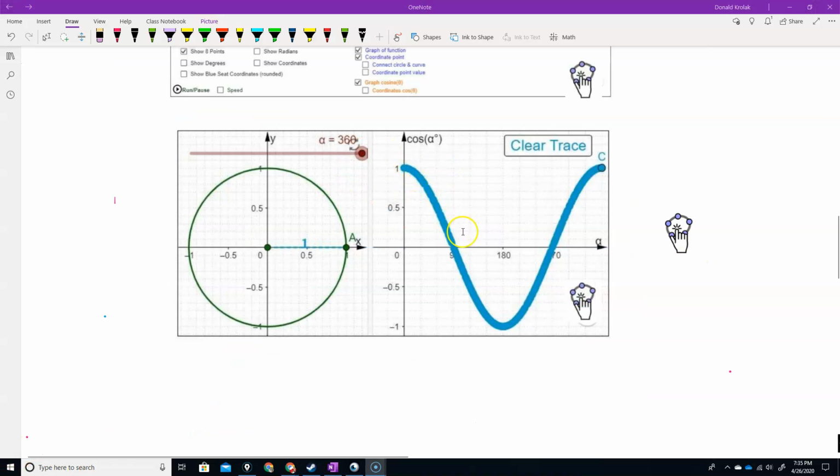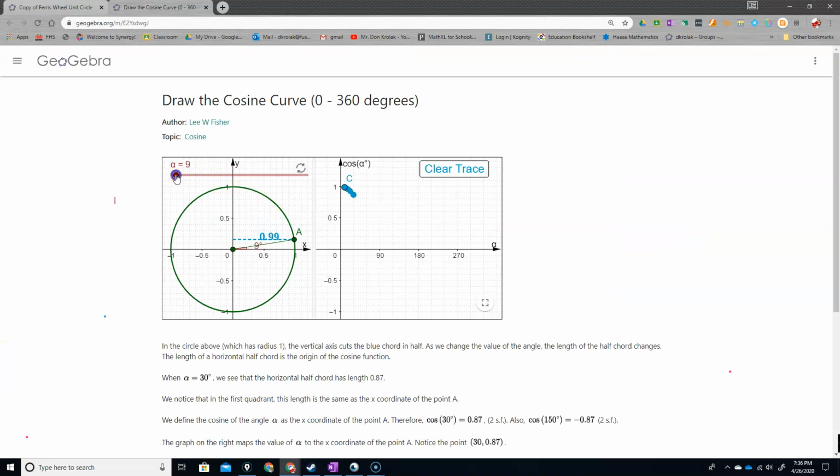So this is what one cycle, one period of cosine looks like, and it's measuring how far you are right and left of the center point. All right, so now what's getting graphed is the length of this blue line right here. So right now you see how its length is 1, so my point up here is 1. As the degrees increase, that length gets shorter and shorter.